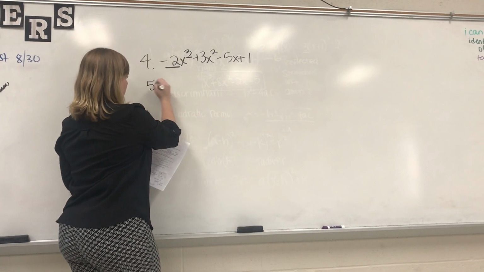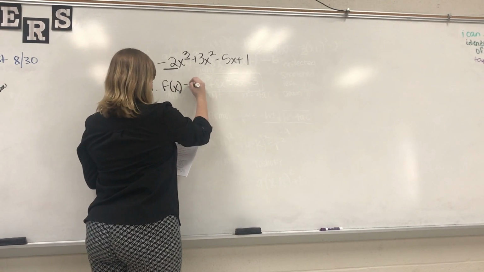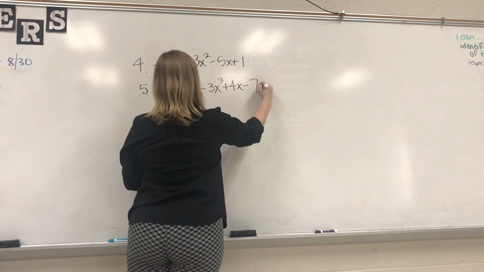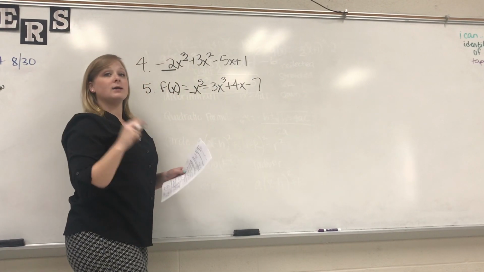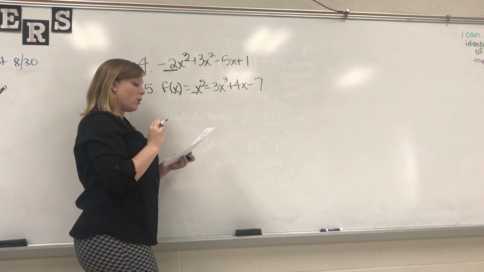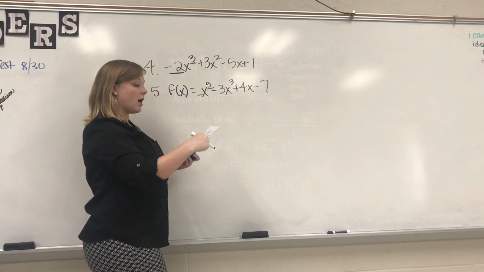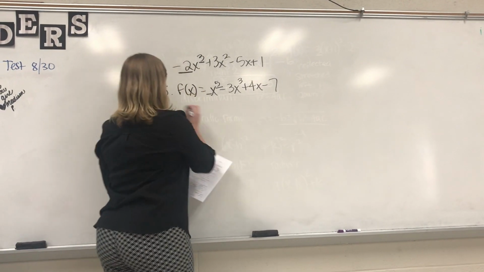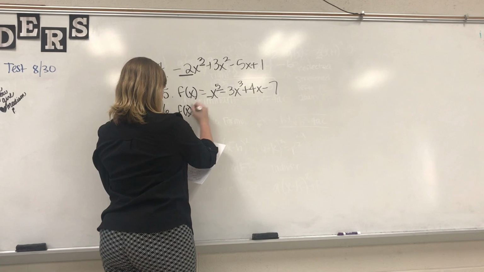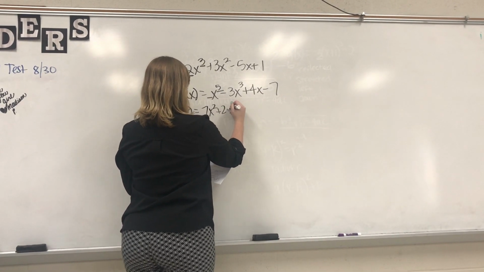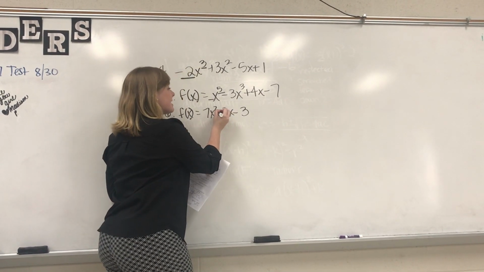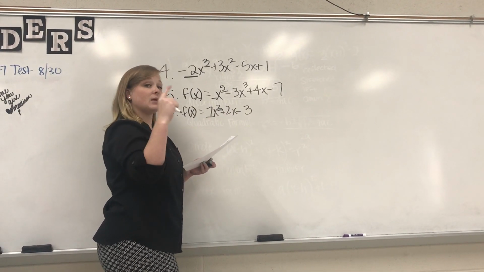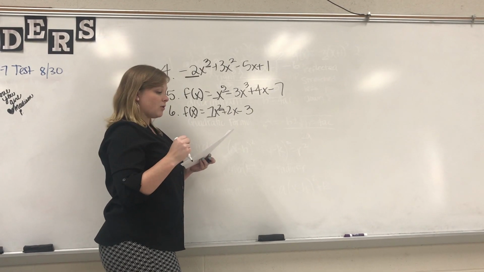Number 5, f of x equals x to the 5th, all this stuff. I've got an odd exponent, a positive leading coefficient, so I'm looking for odd and positive. The only thing that fits that is going to be option D. Number 6. I have an even exponent and a positive leading coefficient.